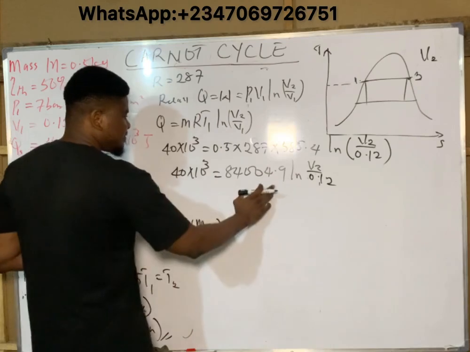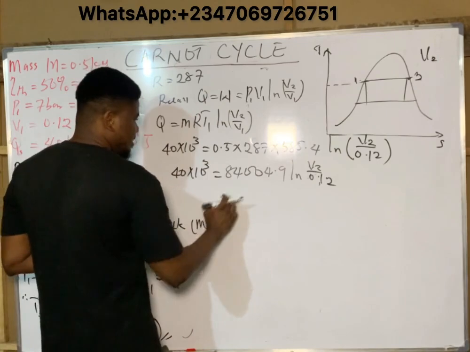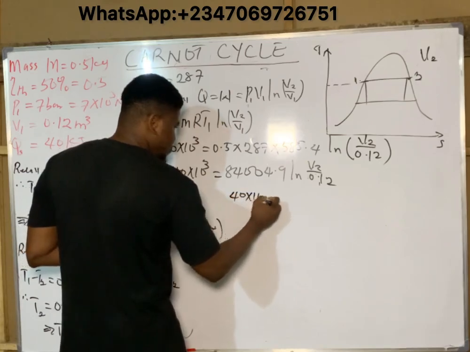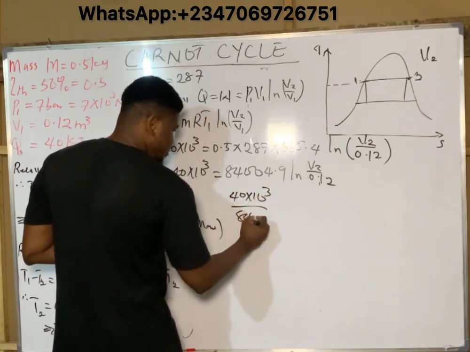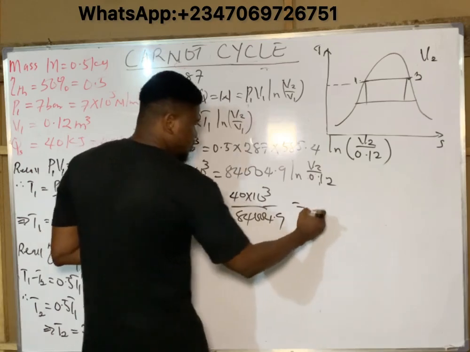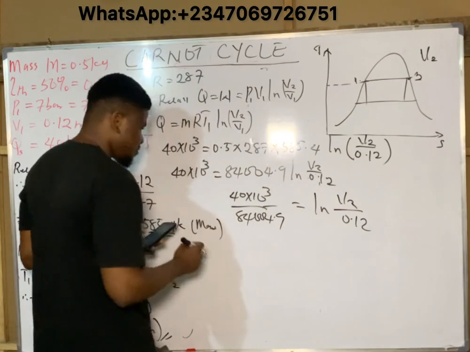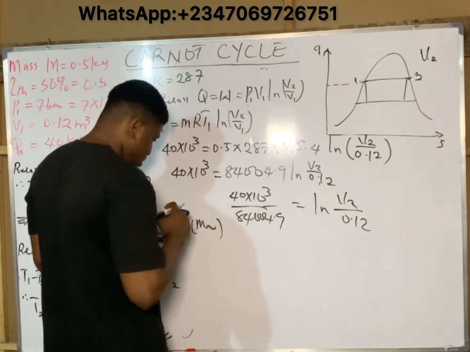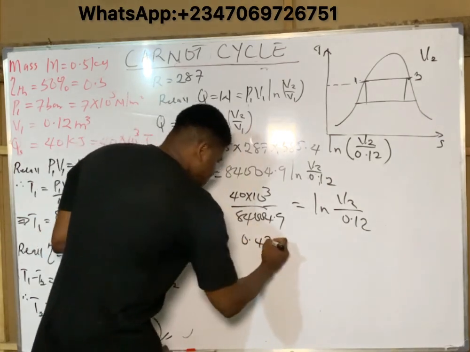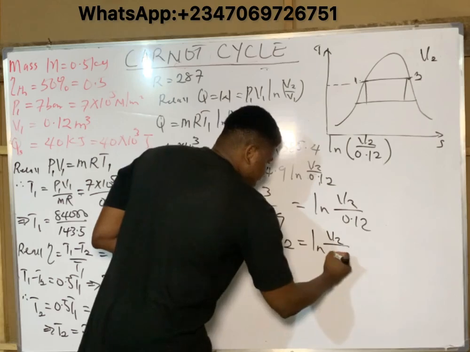From here, let's divide 40 by 10 to the power of 3 by this 84,004.9, and this is going to be equal to ln V2 over 0.12. So that ratio gives us approximately 0.4762 equals ln V2 over 0.12.